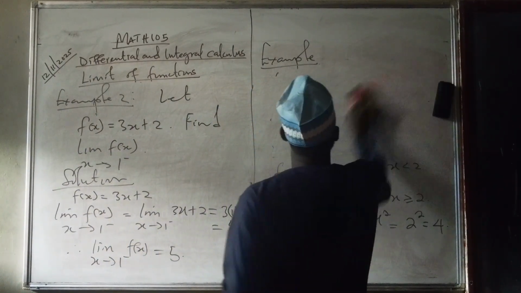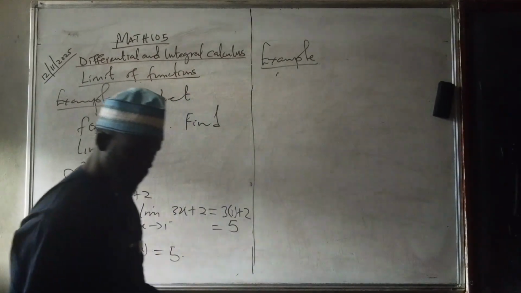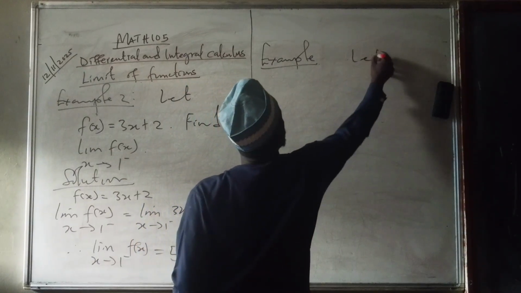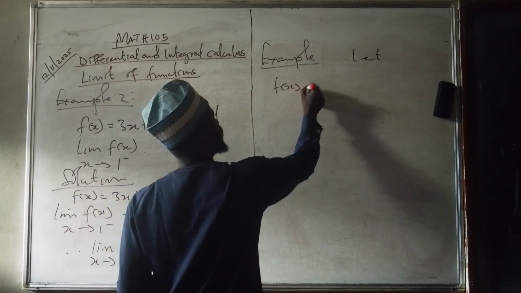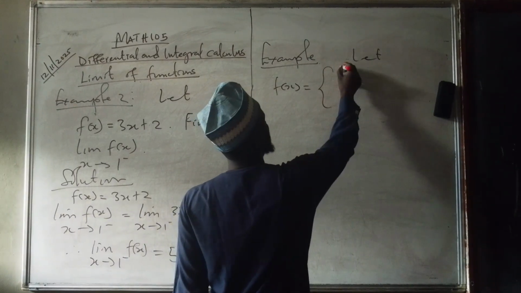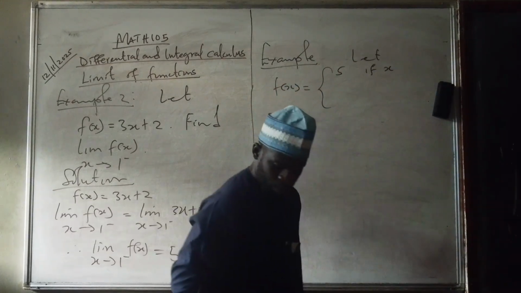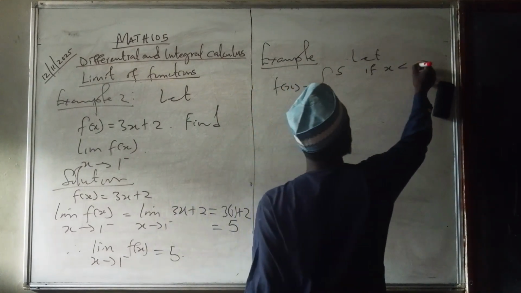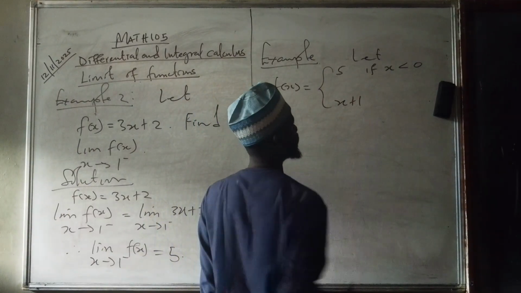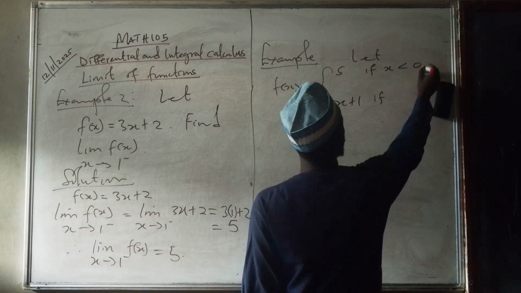So we now take example 3, where in this case we are considering a piecewise function. So we say, let f of x be equal to 5 if x is less than 0, and it is equal to x plus 1 if x is greater than or equal to 0.